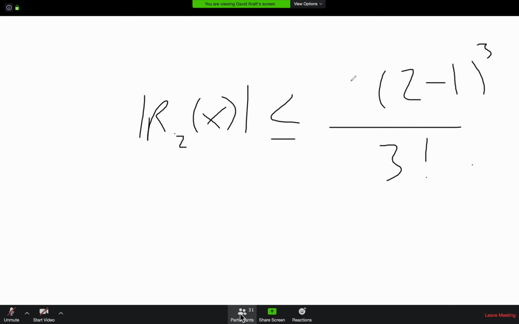Not just the derivative, because the problem says e to the x over 2. But if I'm going third power and third factorial, then I need the third derivative. So the question is, what's the third derivative?